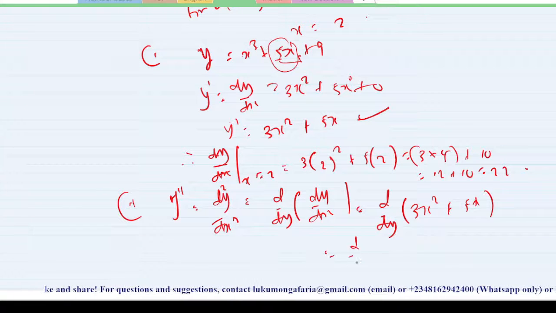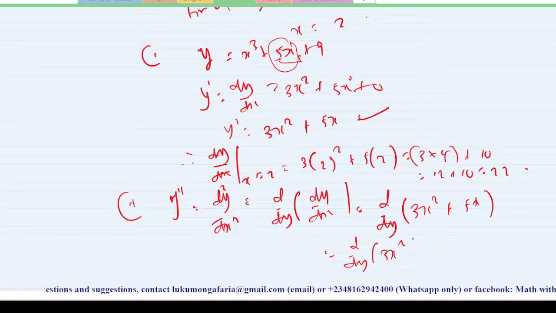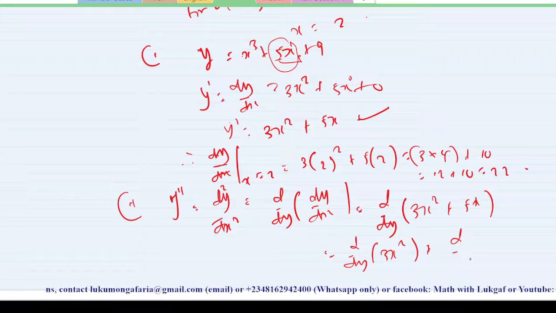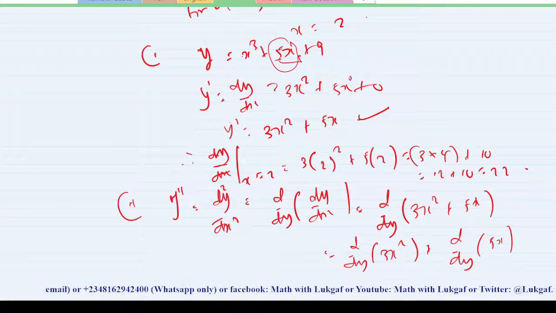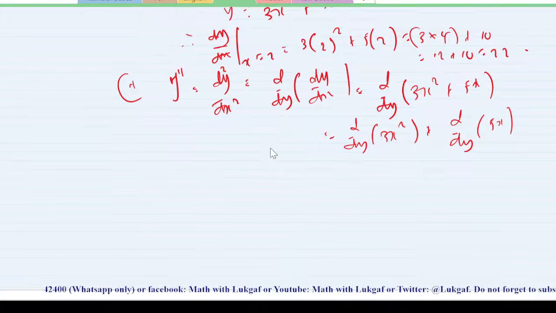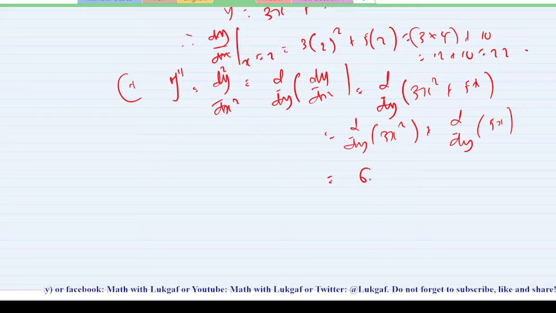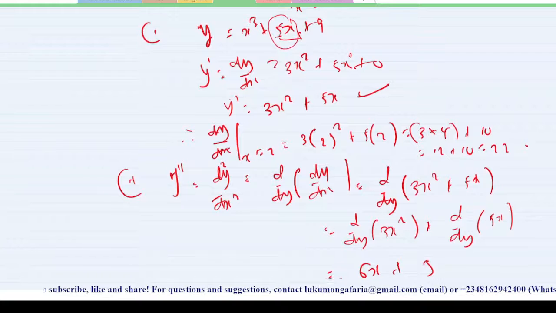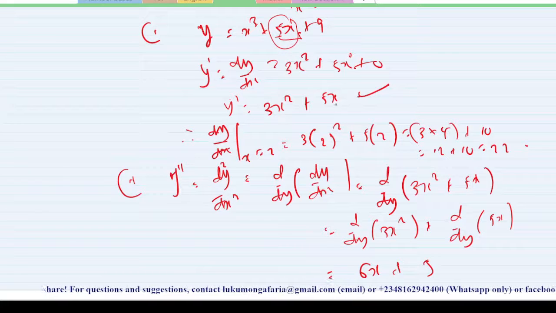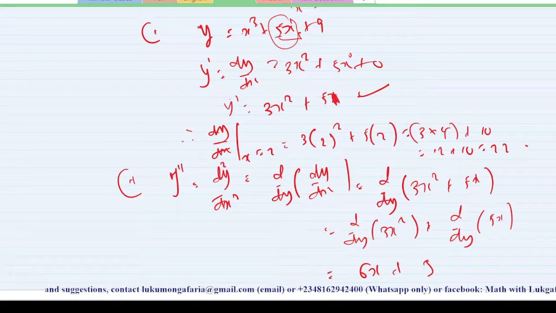If you apply your linearity property, you have the derivative of 3x squared plus the derivative of 5. So this will give me 6x plus, and derivative of the constant 5 will give me 0.